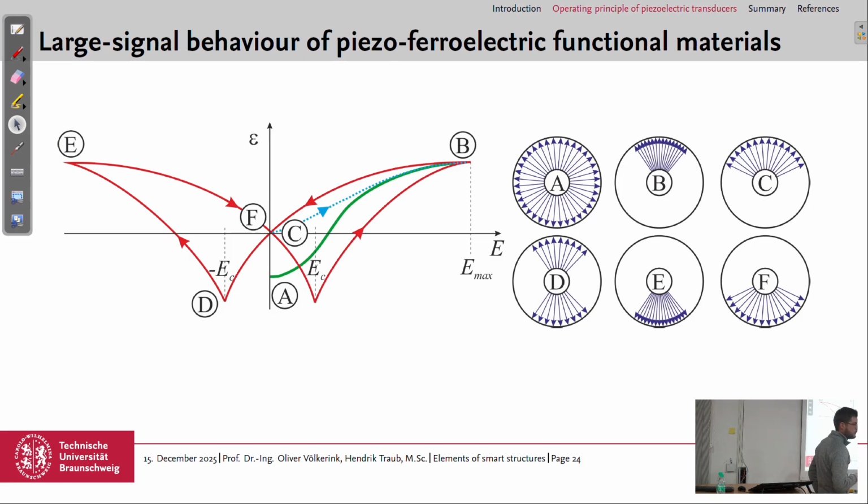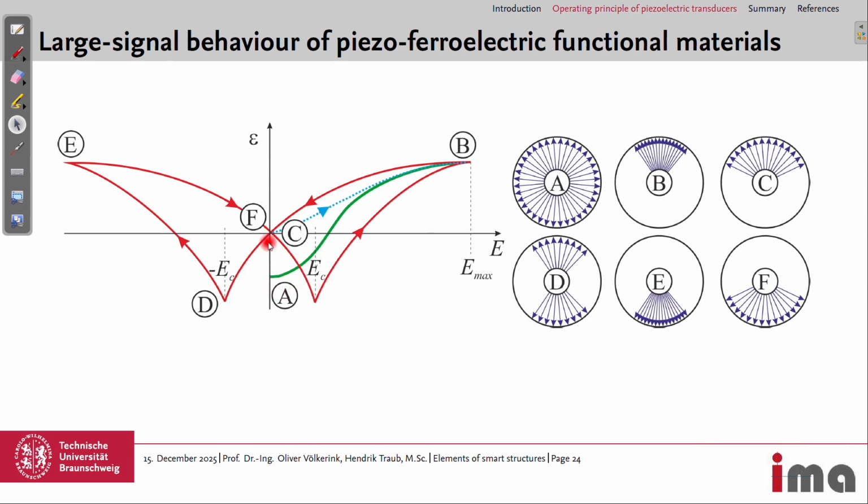Just a silly question. Okay, elongation positive. Is there any way we can control the elongation direction also, like fixing one end? I mean, elongation direction depends on the direction of the electrodes, right? You have the field direction in between the electrodes, and we will come to that tomorrow.